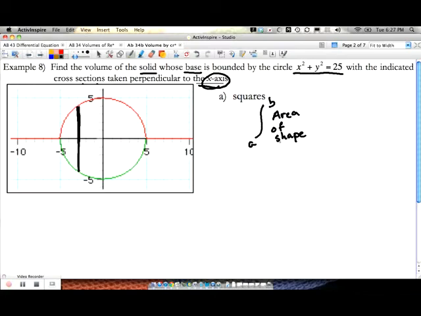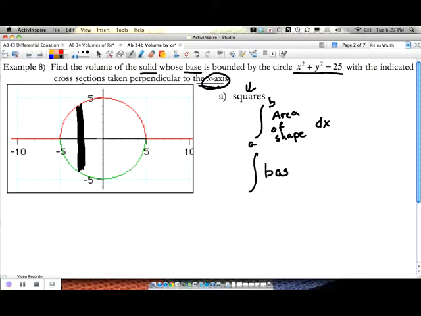Now before, we did this with discs, where the area of a disc was pi r squared. But in this case, we're looking at other types of shapes as well. So if I'm looking for a base here, I also need to consider what my shape is, which is squares.